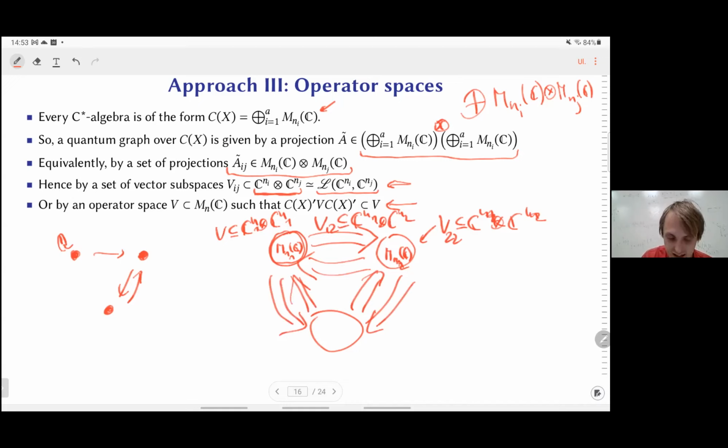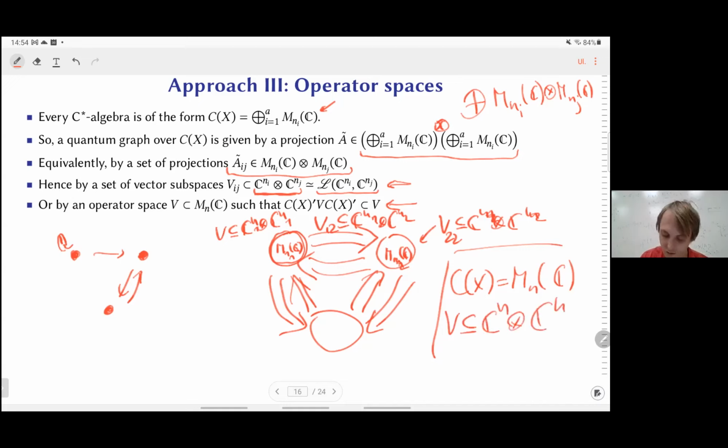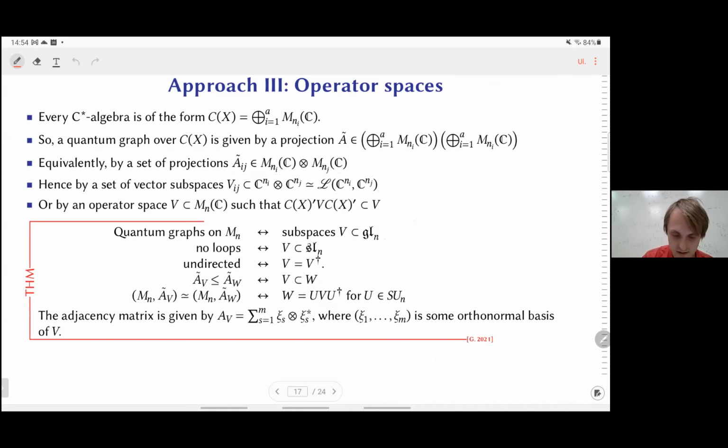And if you have just a C-star algebra consisting of a single matrix algebra, then your set of edges is just a vector subspace of C^n tensor C^n, and of course there's no point in drawing any picture because it looks completely different from a classical graph. Okay, so now the idea is again to use this to classify those quantum graphs.